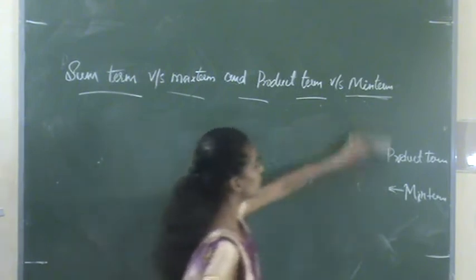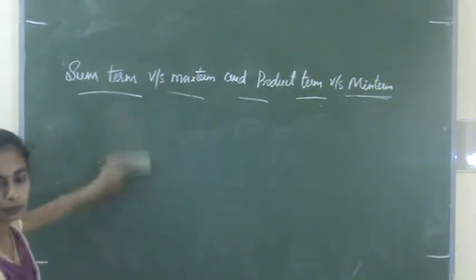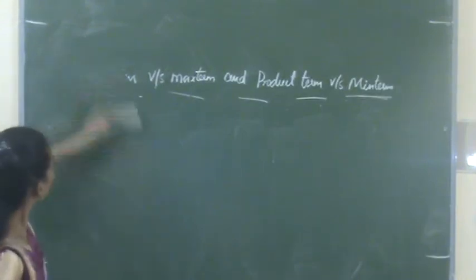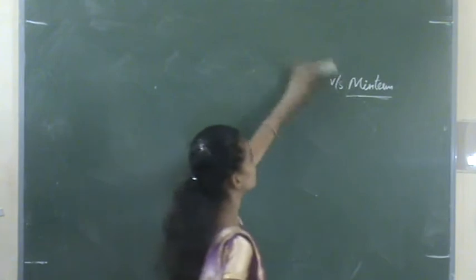So this is about sum term versus max term and product term versus min term. The next concept we have is minimizing the Boolean expression, which means how to simplify the Boolean expression.